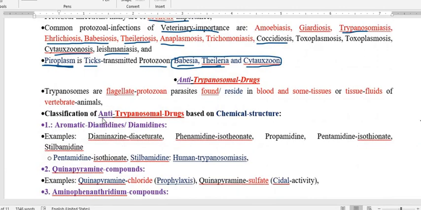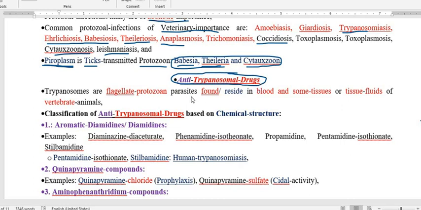First we have to discuss the drugs which act against trypanosoma, called anti-trypanosomal drugs. Let us define again: anti-trypanosomal drugs are the drugs that kill or eradicate trypanosoma from the host.